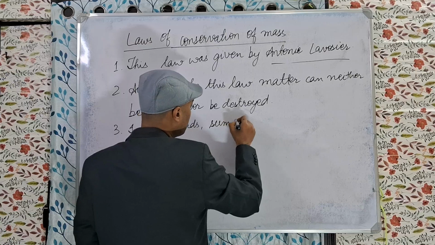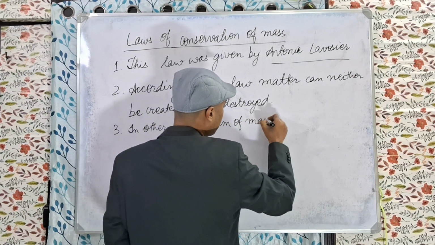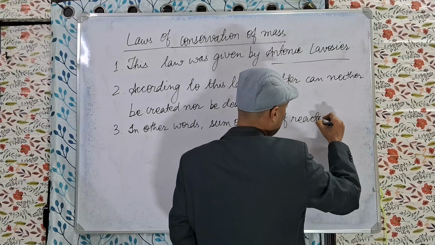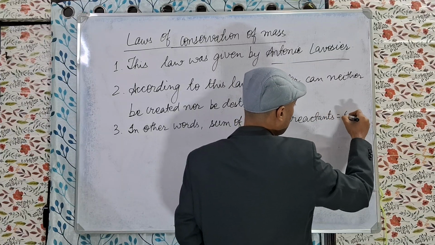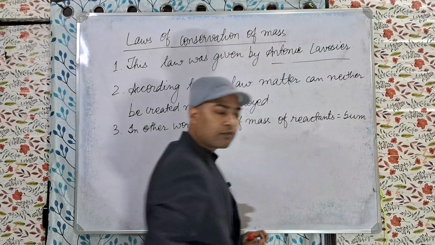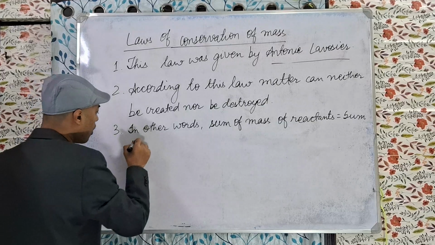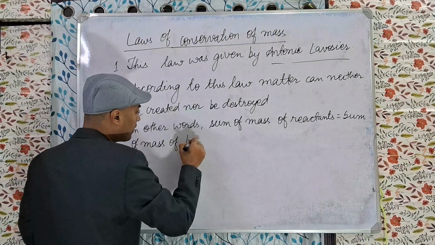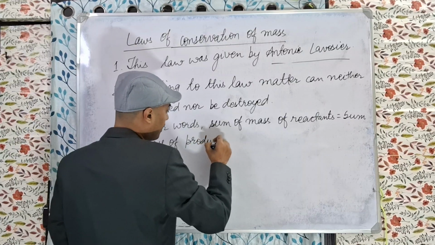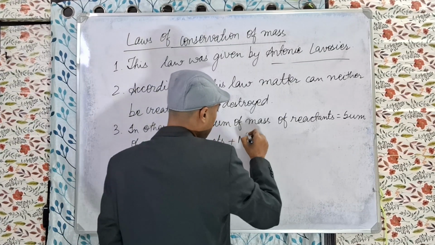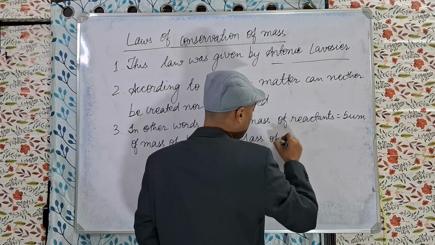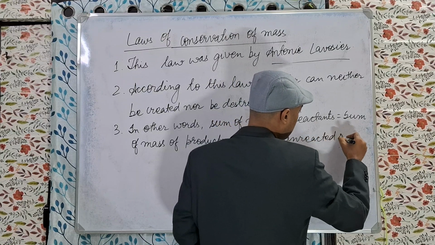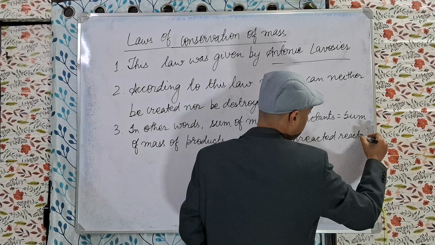Sum of mass of reactants is equal to sum of mass of products plus mass of unreacted reactants.